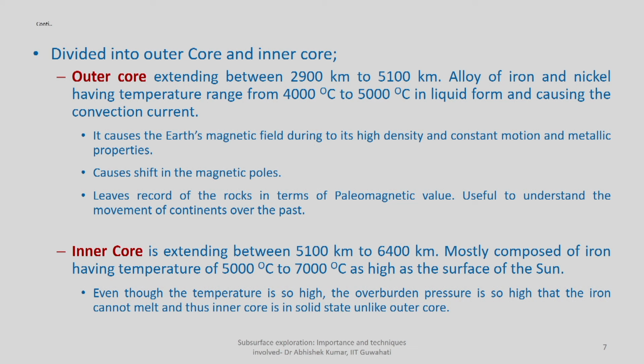You see, the top surface is subjected to somewhere around 3500 degree centigrade, and at the bottom you have as high as 5000 degree centigrade, as a result of which there is convection current in the outer core as well, which is also in molten state, composed of different alloys of iron and nickel.